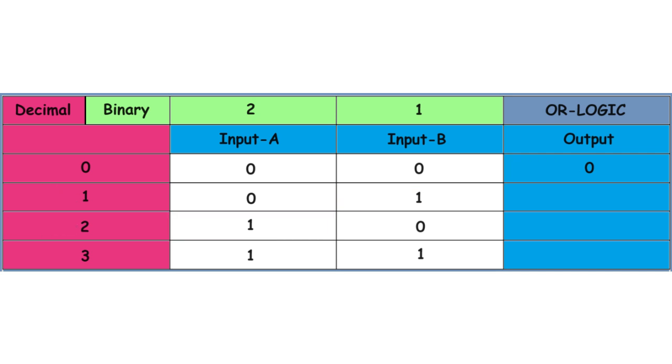We can consider the next two rows together. As can be readily discerned, both satisfy the applied OR logic of having input A or input B high or true will produce a high or true output state. And finally, in the last row, as OR logic dictates, having input A or input B or both high or true will also produce a high or true output state.